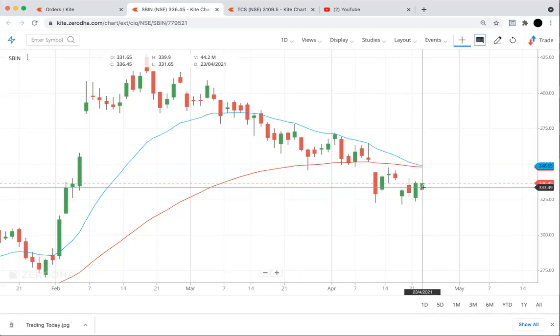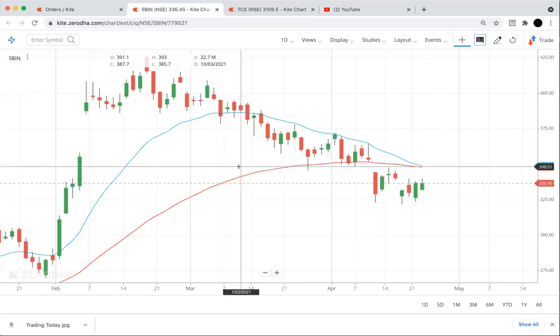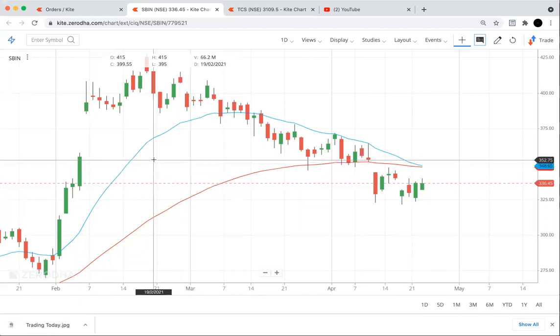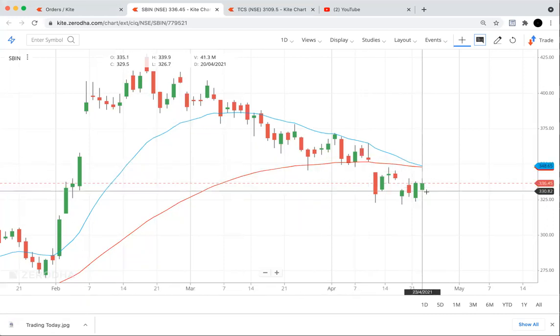I would take the closing price of each day and go all the way to about 20 days, all the closing prices, and I would take the average. In other words, I would add all the prices together, and then divide by 20, and that would give me my 20-day moving average.